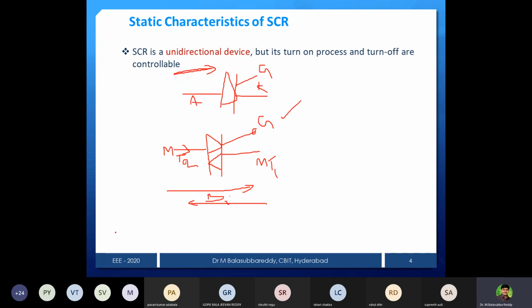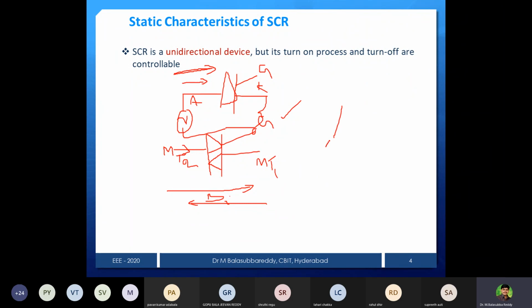That's why in the AC voltage controller, because of this unidirectional device, it will conduct only in the positive half cycle. In the negative half cycle, if I connect to an AC supply here, it won't conduct, it is reverse biased.